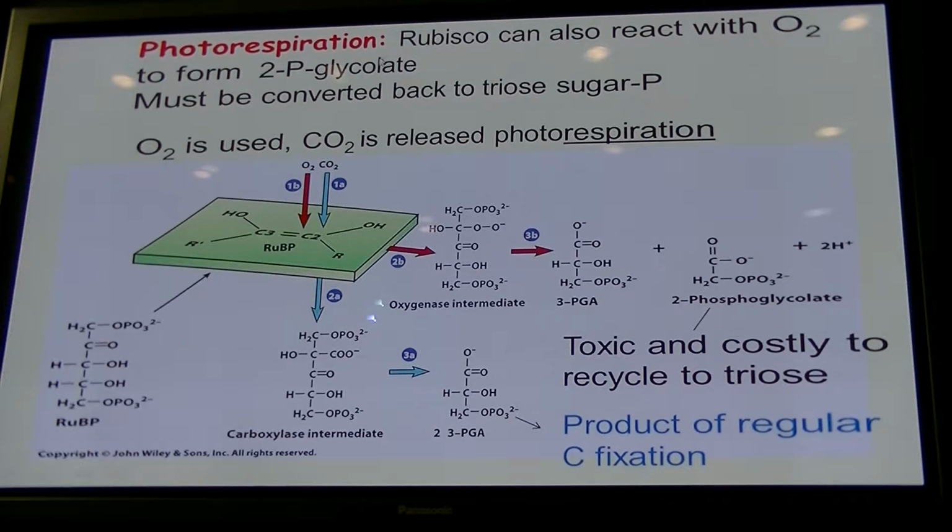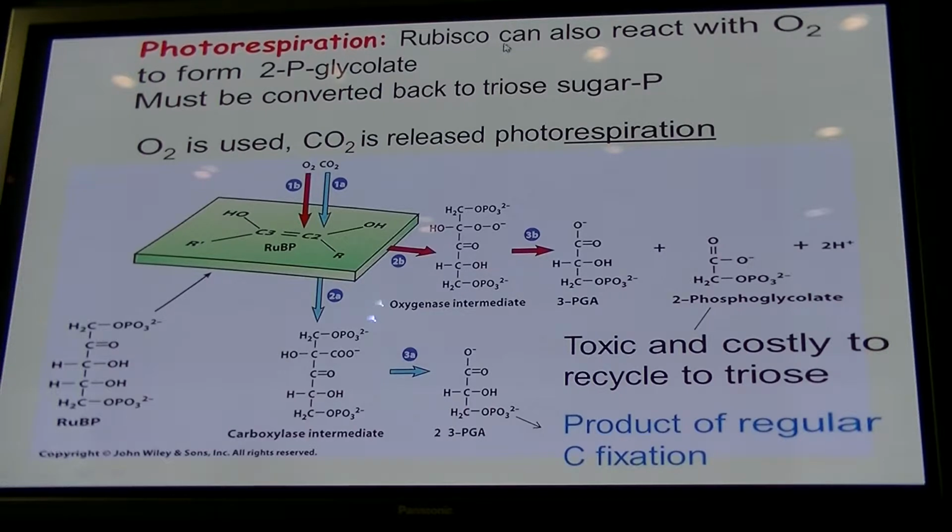And it is due to the fact that rubisco can not only react with CO2, but it can also react with oxygen. And that reaction is depicted here in this diagram. So this so-called oxygenase activity, indicated with the red arrows, leads not to the formation of triose sugars, but it leads to the formation of a C3 and then a wasteful C2 molecule.